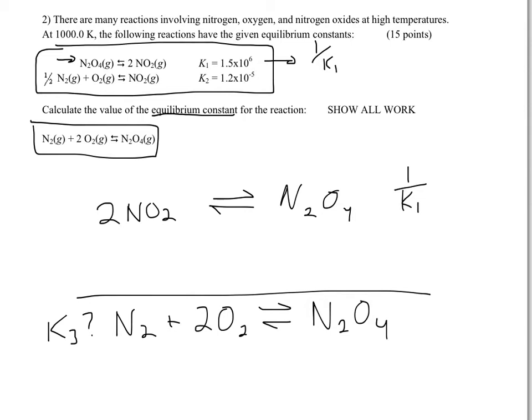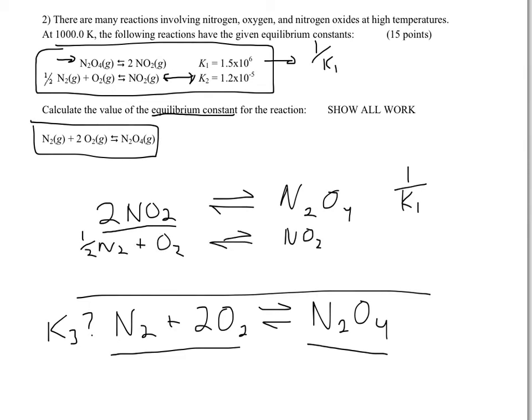For the second part of the reaction, we've now settled out what we need on the right-hand side. We need to deal with the reactants in this overall reaction that we're trying to get, and we also need to cancel out those reactants. We have this K2, where we have half an N2 and an O2 going to 1 NO2, and we actually need that reaction twice.